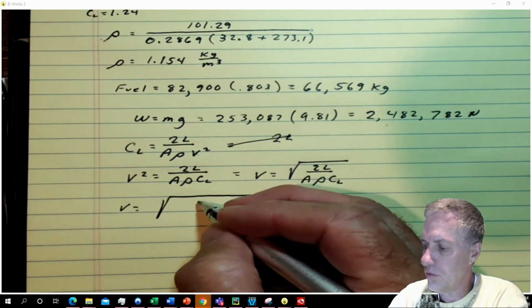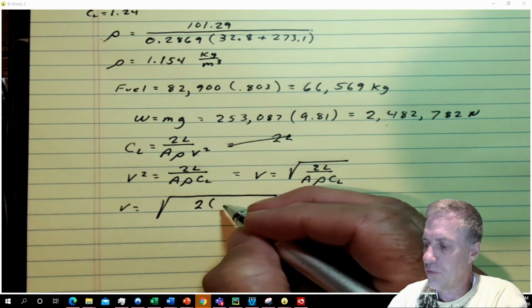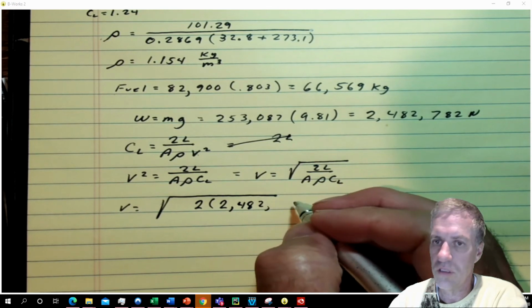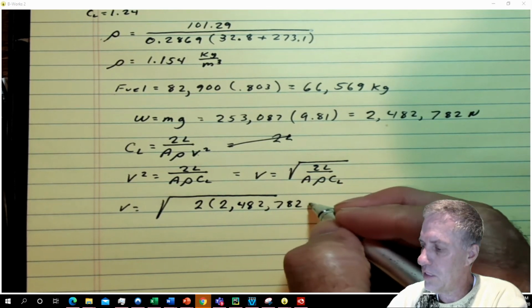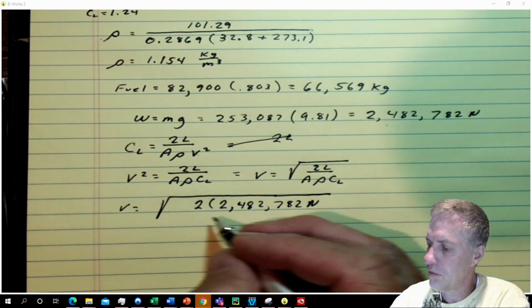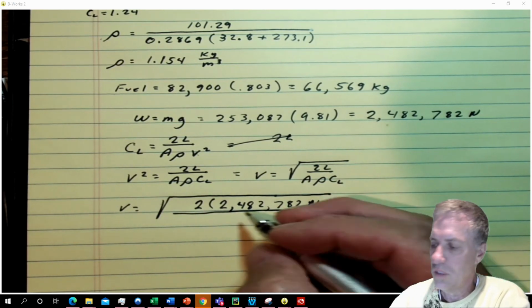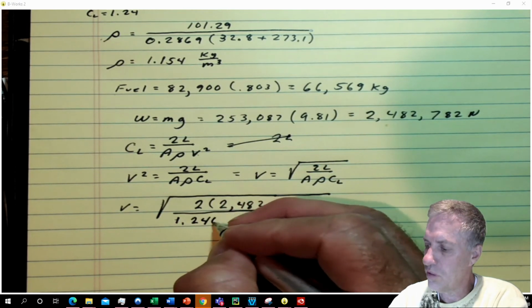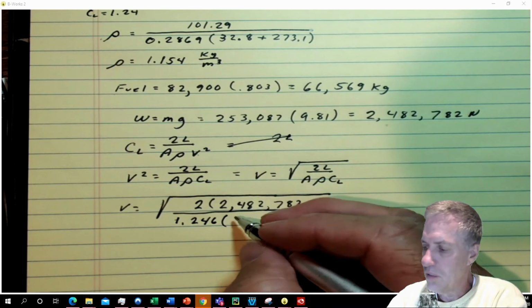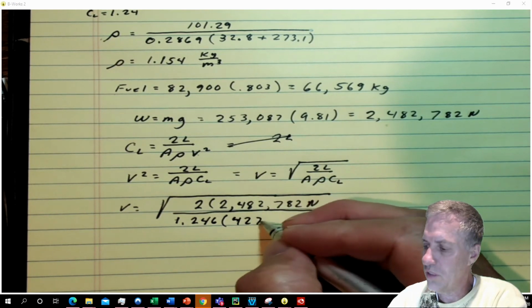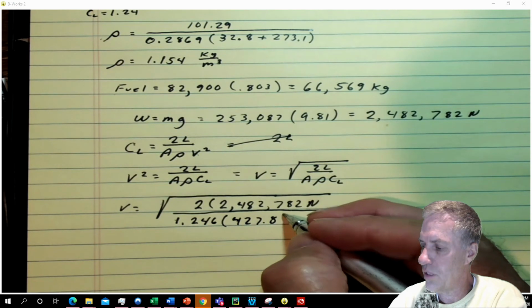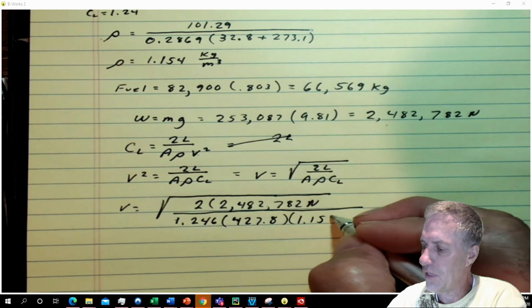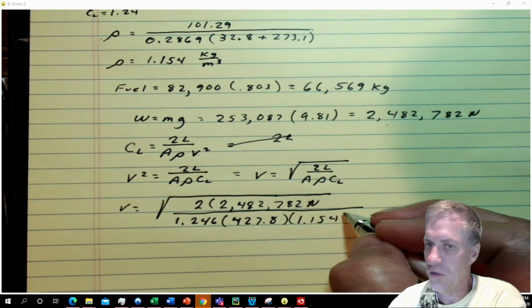And we've got the square root, 2 times our lift, 2,482,782 newtons, divided by 1.24 times our 427.8 meters squared times our 1.154 kilograms per meters cubed.